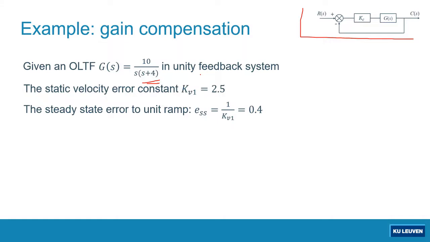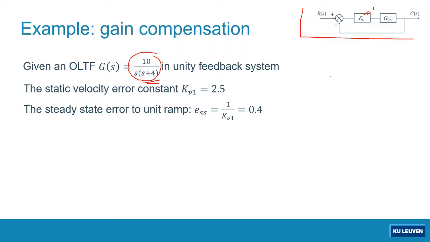Before I set the proportional controller, before I tune the proportional gain, what will happen? As you can see, initially Kc is equal to 1. If you take a look at the upper right corner of this slide, Gs is equal to 10 over s plus 4.